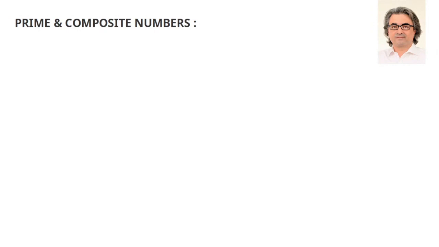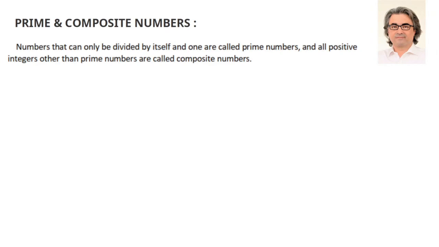Now let's continue to the definition. And all positive integers other than prime numbers like 6 are called composite numbers. Now let's write on our desk this definition. This is our definition that I explained to you.